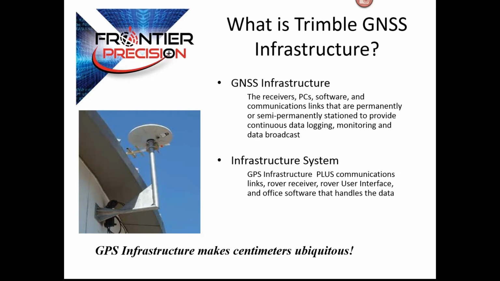An infrastructure system is the combined properties of a GNSS infrastructure plus communication links and all the other things necessary to make geospatial users operate in the field.